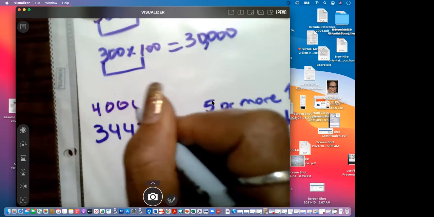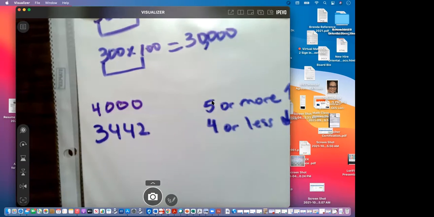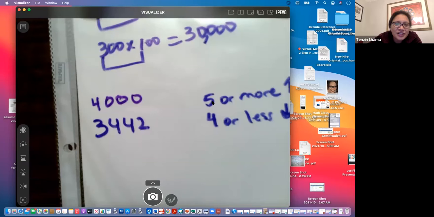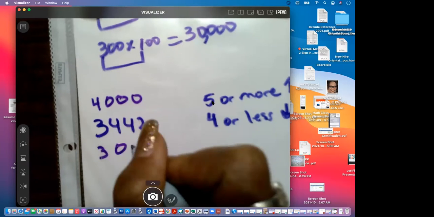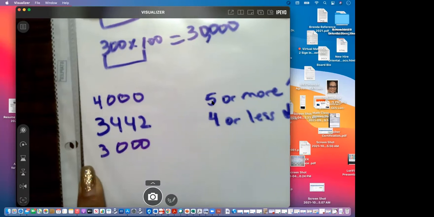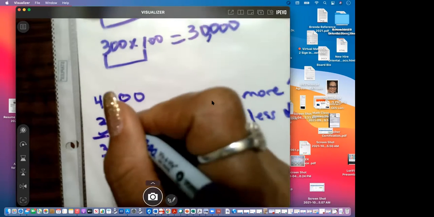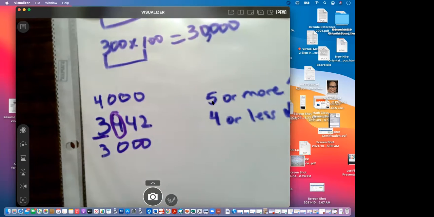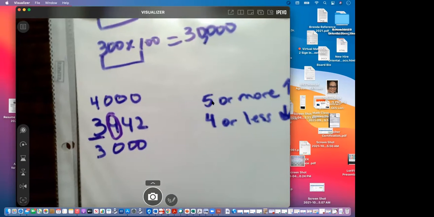And what is 1,000 less than 4,000? 3,000. So this is our range. We're either going to round up to 4,000 or down to 3,000. We're rounding to the nearest 1,000, so we look at the number in our hundreds place, which is 4.